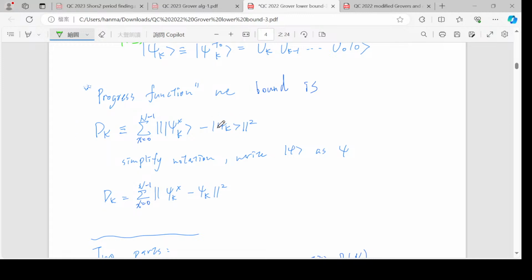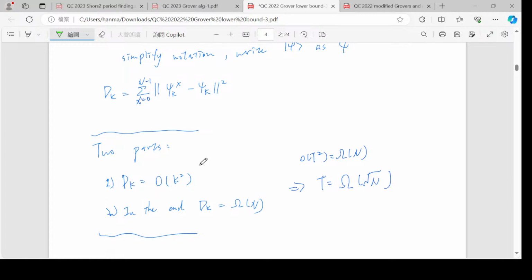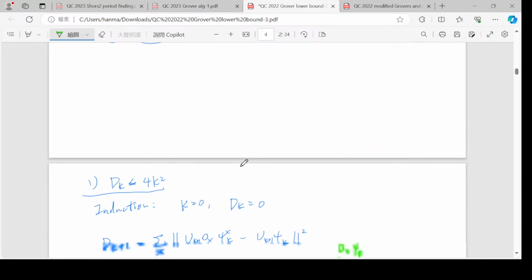So this psi 0 is the quantum state for the all zero input, and psi x is the quantum state with only one marked item at the x location. Okay. And so we calculate this distance, and we give an inductive proof, showing that this distance cannot grow too fast, so it grows quadratically with the number of queries used.